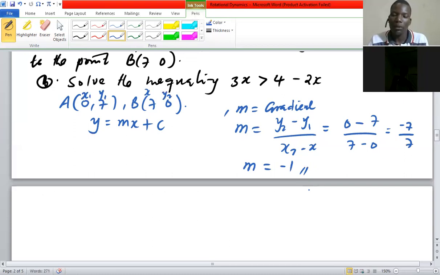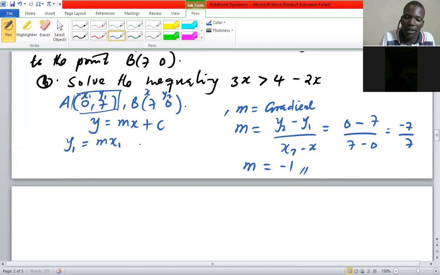Now, to get the constant c, we use the coordinates of either point A or point B. If we use point A, we have y1 equals mx1 plus c.